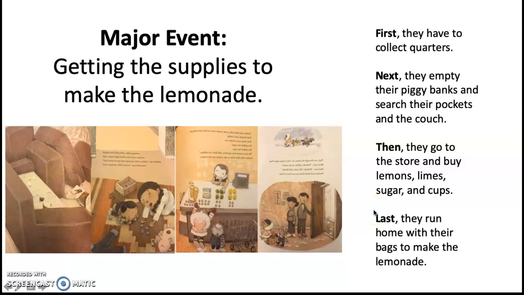Now, I didn't use the whole book because these were the pages that described getting supplies to make the lemonade stand. First, they had to collect the quarters. Next, they empty their piggy banks, search their pockets and the couch. Then they have to go to the store and buy lemons, limes, sugar, and cups. And last, they run home with their bags to make the lemonade.